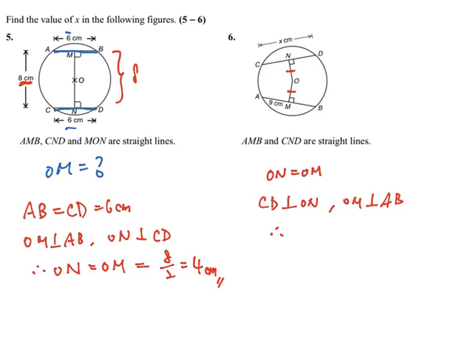So AB is equal to CD. And you can see OM is perpendicular to AB. So that means AM is equal to MB as well. So X is equal to 2 times 9. So it is 18 cm.